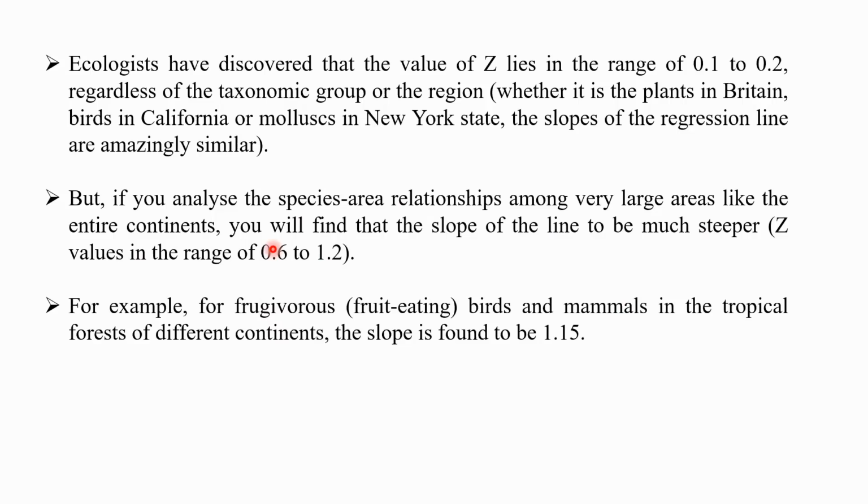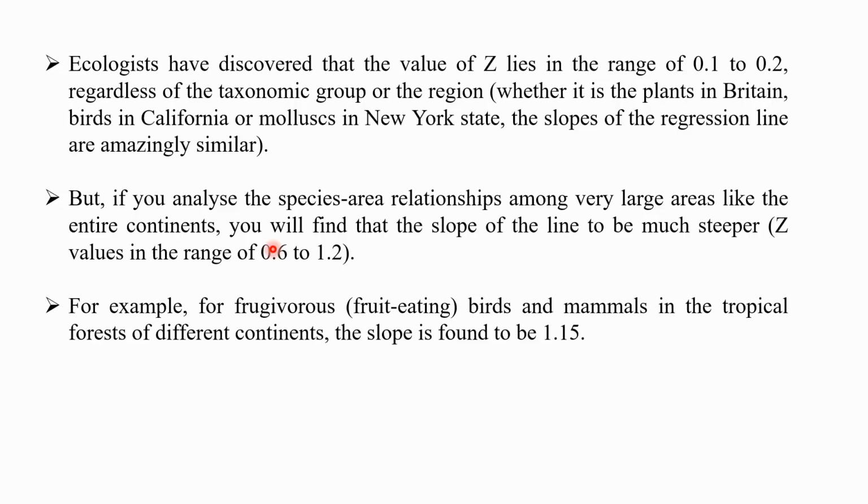For example, for frugivorous, that is fruit eating birds and mammals in the tropical forests of different continents, the slope is found to be 1.15, which is near to 1.2. So the value of Z depends on the area we are talking about.